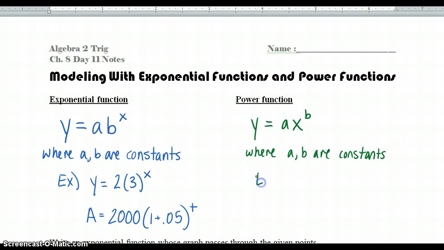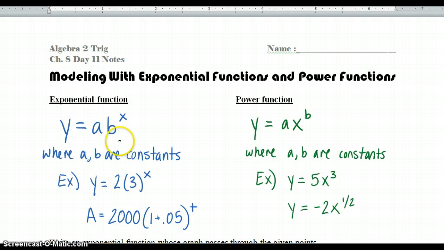And some examples of power functions are something like y equals 5x cubed, or y equals negative 2x to the 1/2. Those we saw last chapter, when we were talking about function operations and domain.